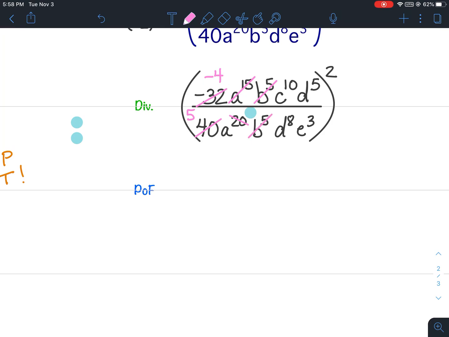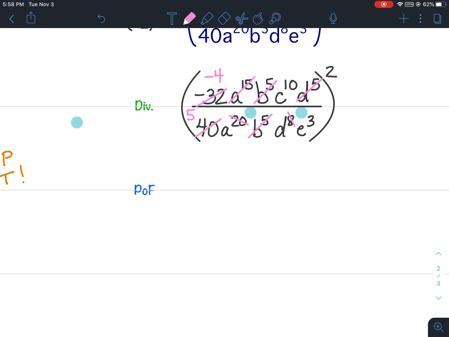And then the only other terms that divide are your d terms. D to the 5th has the smaller exponent, so I'm going to cross out the 8, and you'll have to subtract to find your exponent for the d.